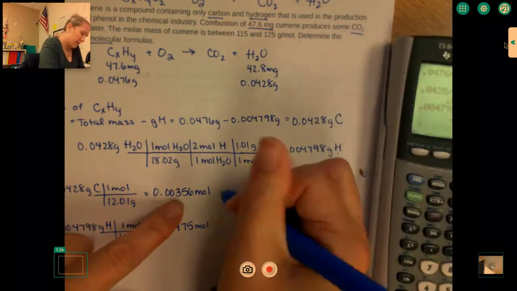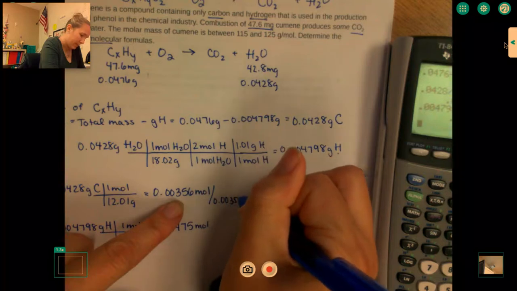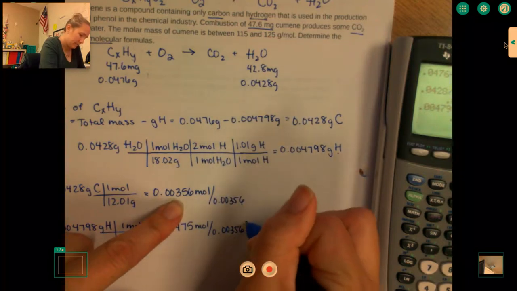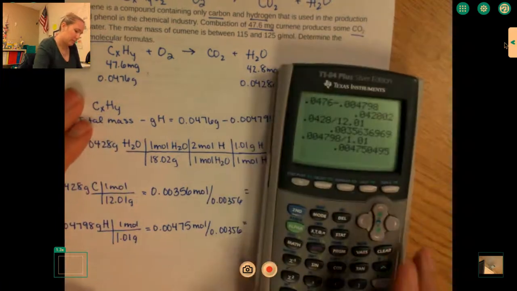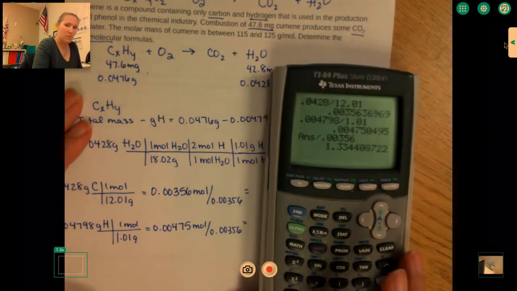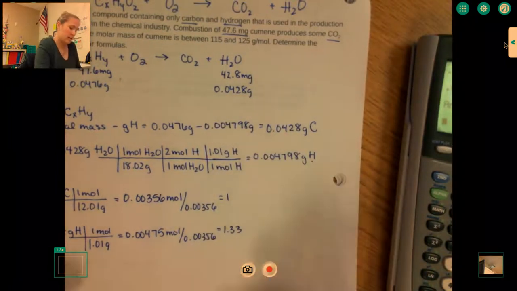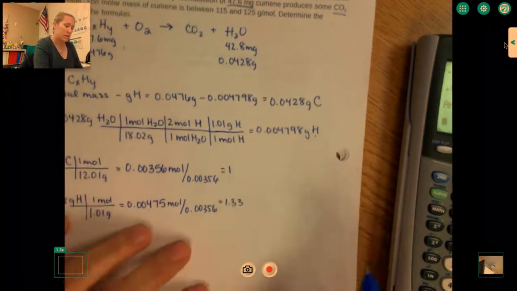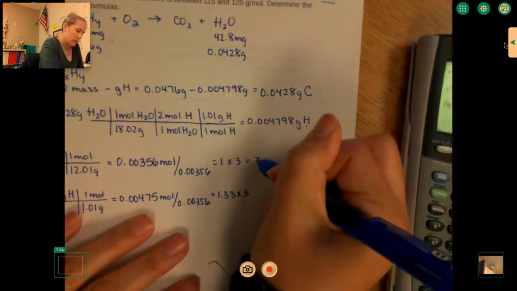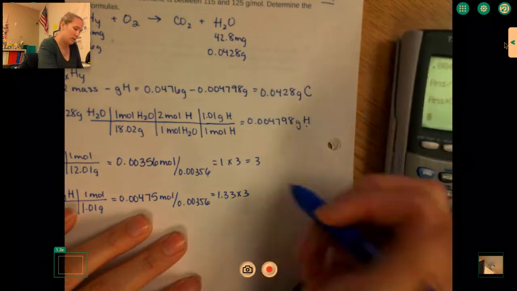Here's my smaller amount, so I'm going to divide both by that. I get 1.33 and 1. 0.33 is a third. So I'm going to multiply both of these by 3 to get whole numbers. So 1.33 times 3 is 4.